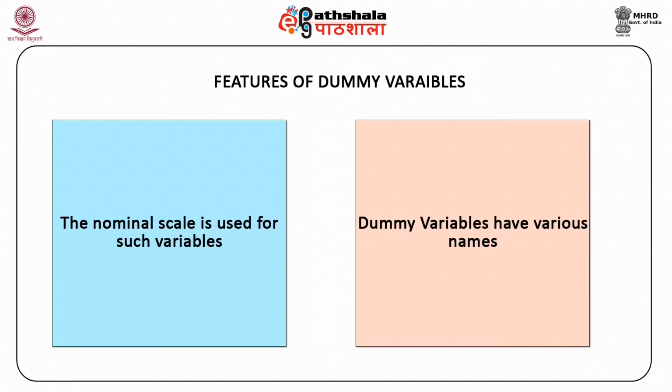It is so because econometric techniques that may be suitable for ratio scale variables may not be suitable for nominal scale variables due to the distinct properties of dummy variables. Indicator variables, dichotomous variables, binary variables, or categorical variables are the other names for such variables.